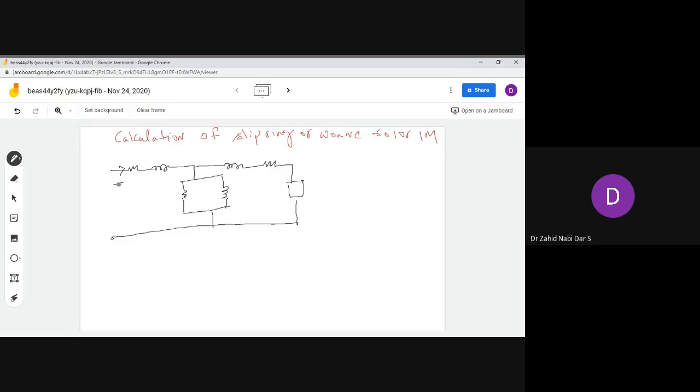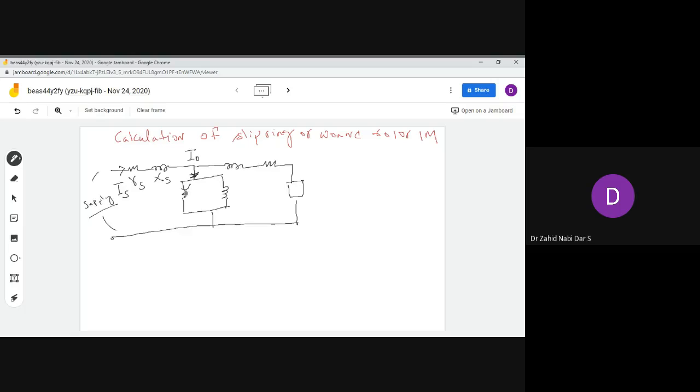You have the stator side current here. This is the stator side resistance, this is the stator side reactance, and this side is the stator side, from where we give the supply basically. Then here we have the current I naught. What is this current I naught? This is the no load current, and this current excites the induction motor.